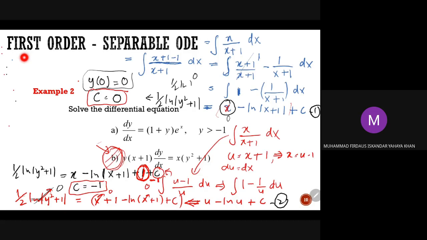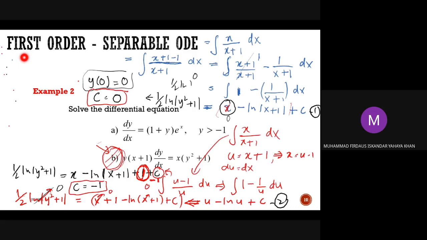So maknanya at the end, bila kita diberi initial condition and kita dapatkan jawapan akhir tak ada dalam bentuk C, jawapan both will be the same. Definitely C untuk setiap jawapan equation 1 and equation 2 tu will be berbeza. Yang ni tambah 1, yang tu tak ada tambah 1.